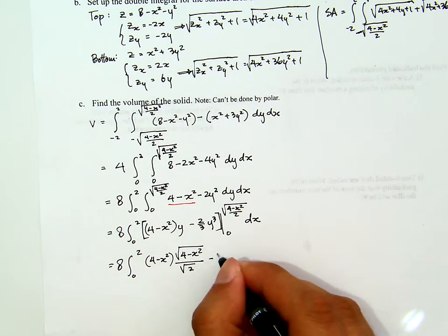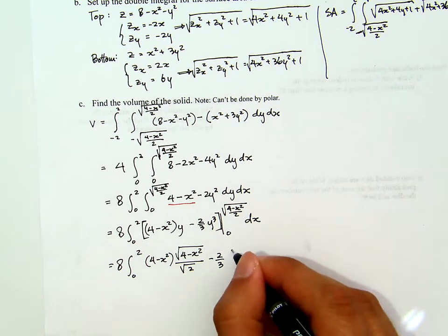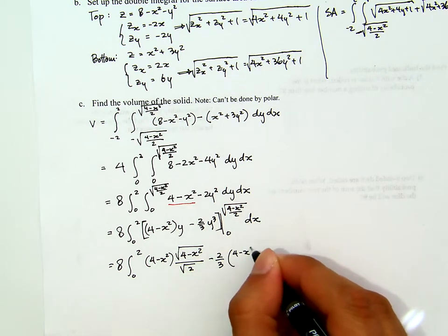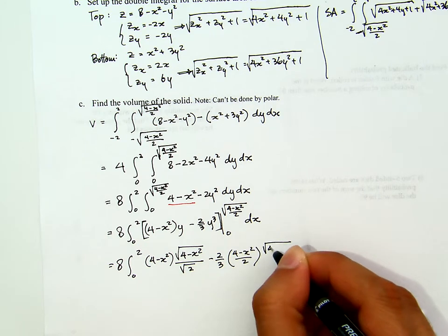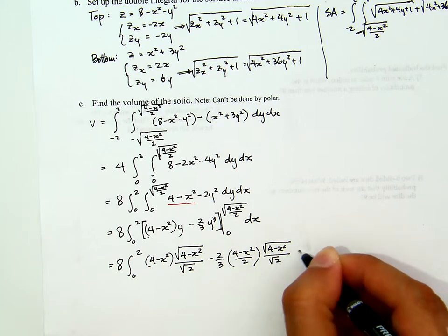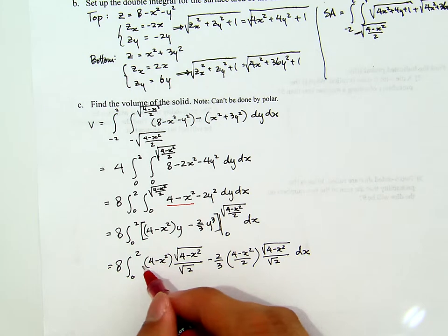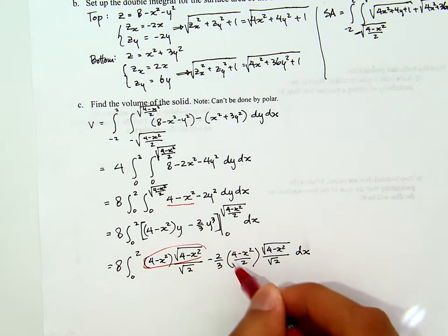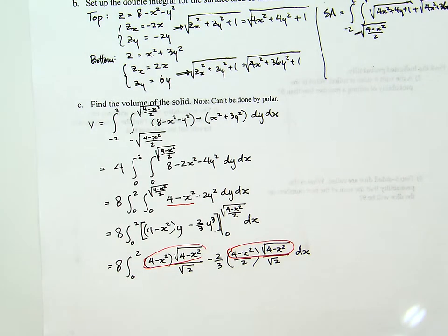In the second term, there it will be (4 minus x squared) over 2. That's for the y squared, and square root of 4 minus x squared over square root of 2, dx. Is it okay? Now then, I will do this little game here. Notice that this is a common factor, right?